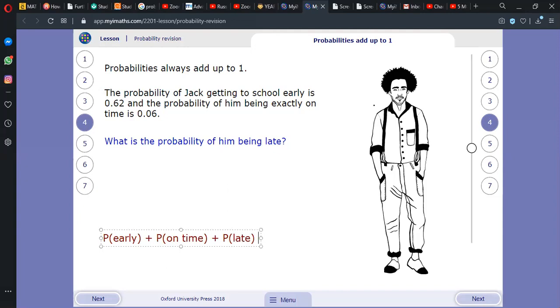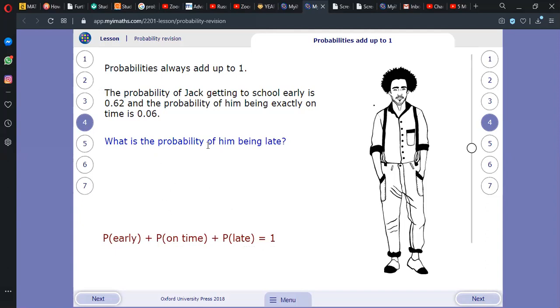These are the possible outcomes. The addition of all those probabilities must be equal to 1. It's an important aspect of probability that we must know. So this is exhaustive. There's no other possible outcome. Early, on time, late. That's everything you can talk about him getting to school.